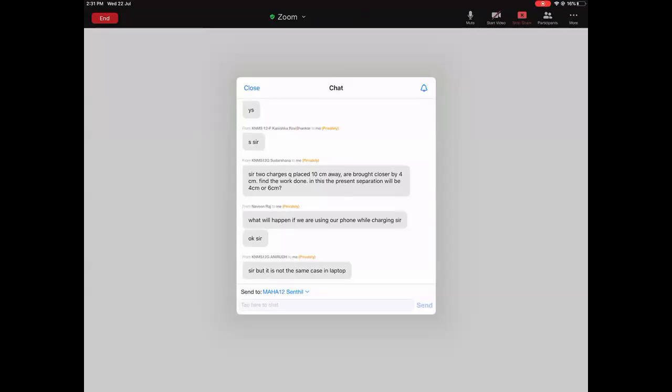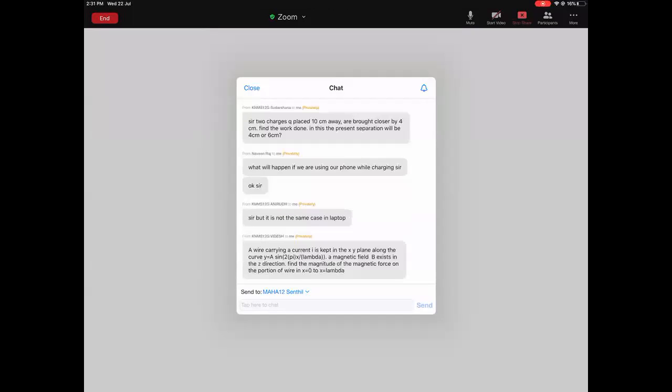So yeah, the bigger the device, the more and more safety devices you can put. So it all depends on how many safety devices you have. But laptop batteries also burst.